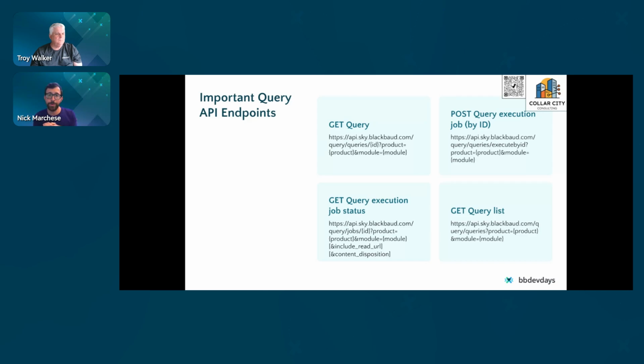And the get query execution job status. So now it is running in the cloud. It's running essentially asynchronously, and now you need to check when it's done. So this API endpoint will return whether or not the query is finished executing. So it'll return that it's still running, and then eventually it'll return that it's completed with a link to the information that you're trying to get.